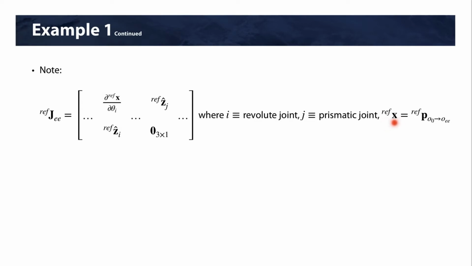Recall our position vector x here is just going to be our position from our base frame to our end effector frame in terms of whatever reference frame we're using. For this example, we're going to use the base frame as our reference frame.